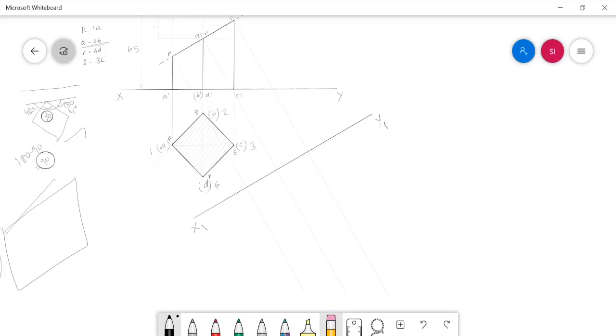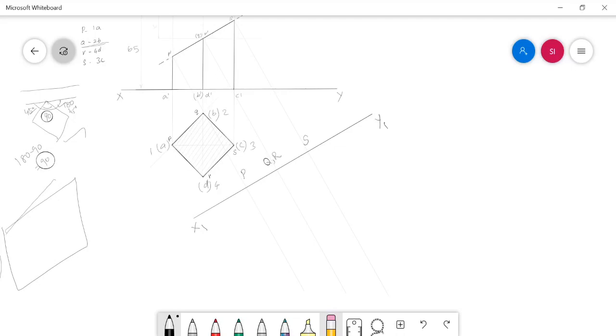See, this projector belongs to point P, that projector belongs to points Q and R, and this projector belongs to point S. Okay, now we need to mark the cut points P, Q, R, S in their respective projectors at a distance from the xy line.